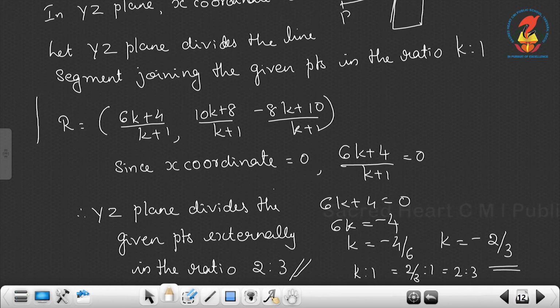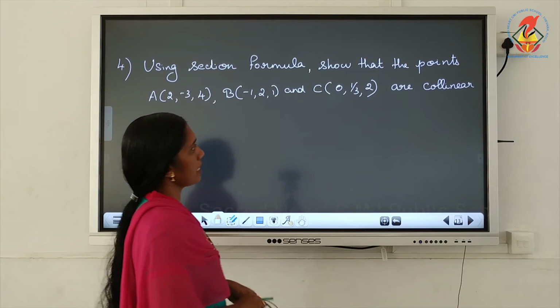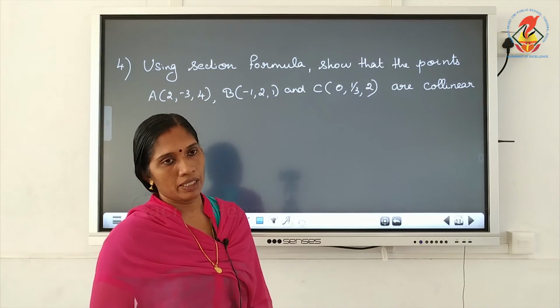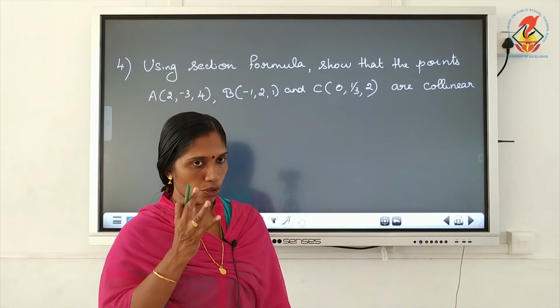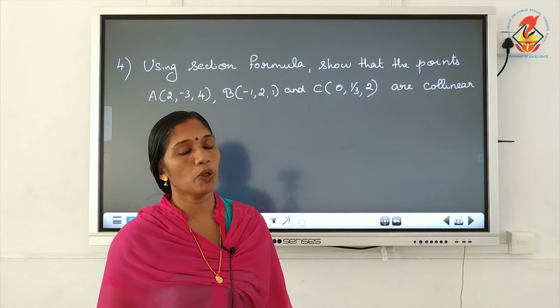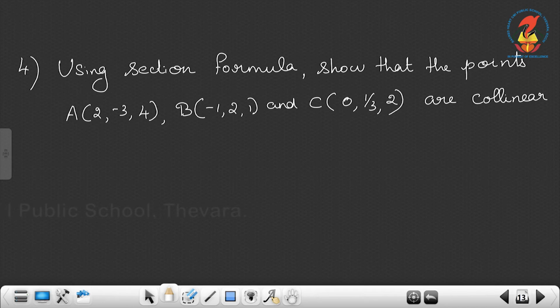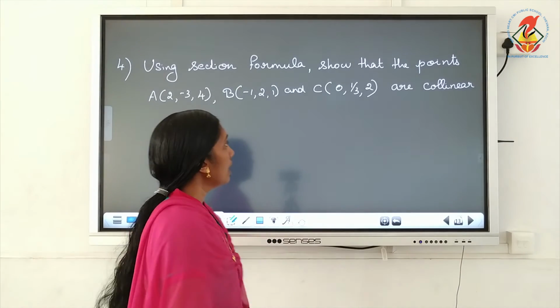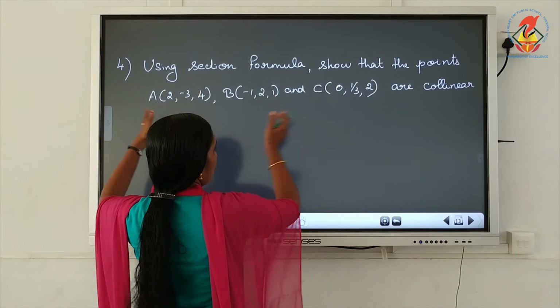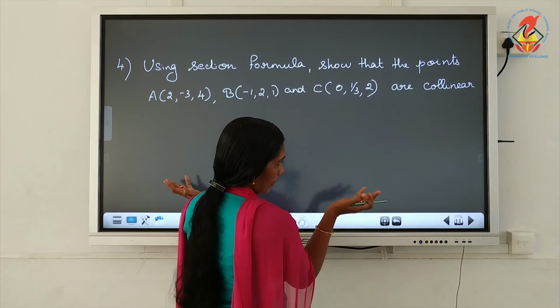Okay. Next one. Using section formula, show that the points A, B, C are collinear. In the last video, we showed the points are collinear using distance formula. Here we have to prove the points are collinear using section formula, that is, we have to prove all 3 points are on the same line. So first you have to take any 2 points, either AB or BC or AC.